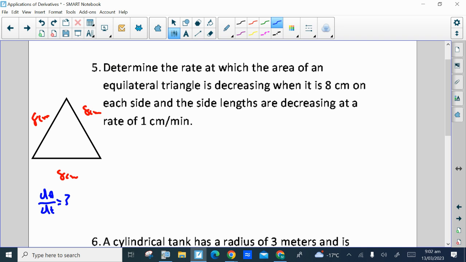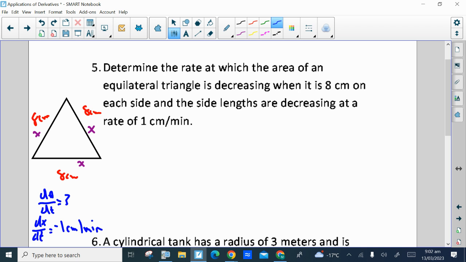When the side lengths, so if we say that the length of each side is x, we can use any variable we want here. So we want to know what we're given, dx by dt. It's decreasing, so it'll be -1 centimeters per minute.